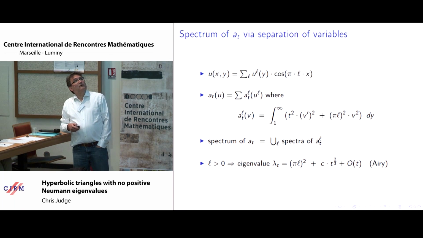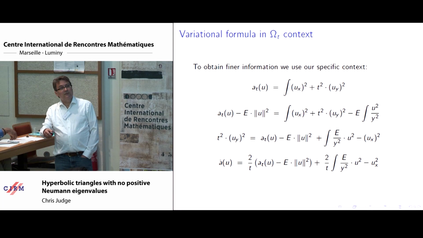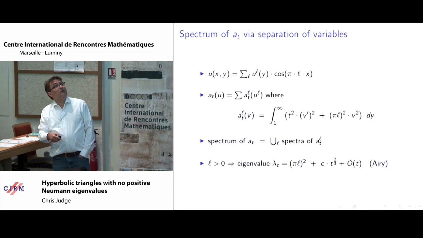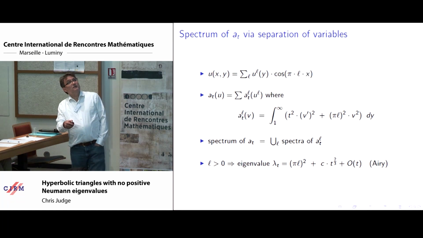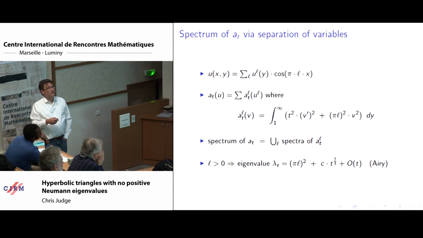Okay, now in order to understand that part, I want to use separation of variables. In particular, I want to expand this in cosines. So again, u is this, my cosine expansion just like before, except now I've normalized, getting rid of t, because I've set the width to be 1.